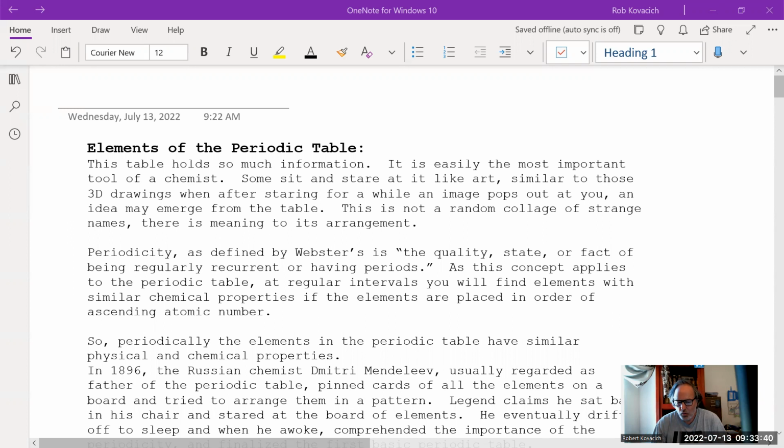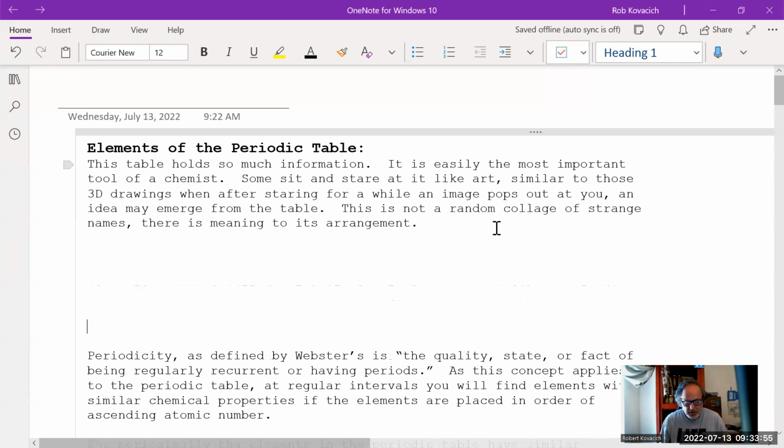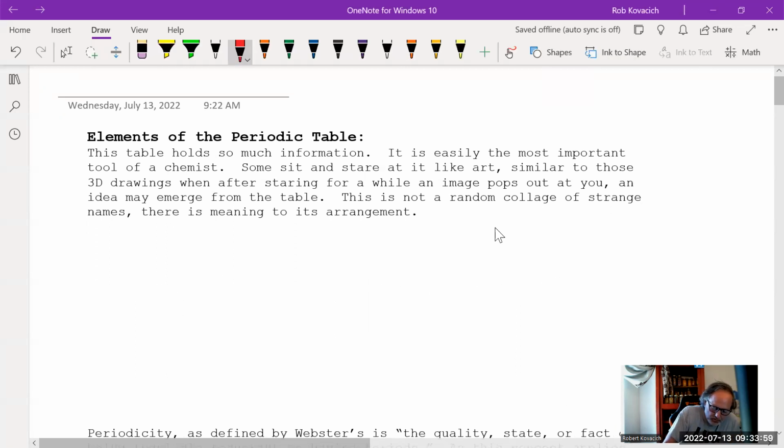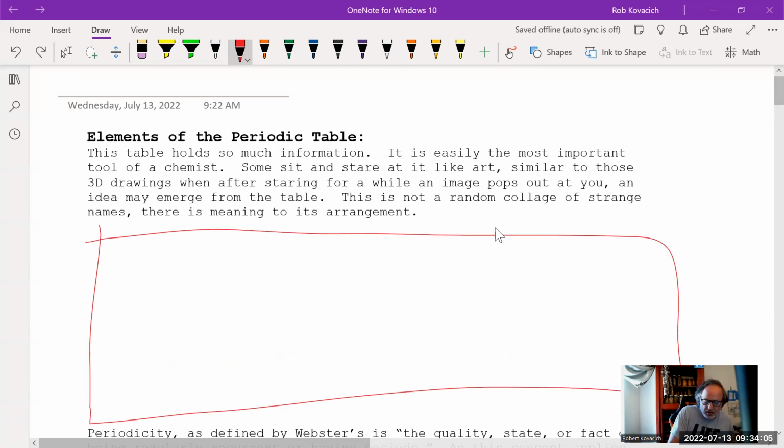So what Mendeleev did is he fell asleep staring at his cork board. And when he woke up, he said, this is what he saw. On his cork board, he had all these cards all over the place with names and symbols on them.